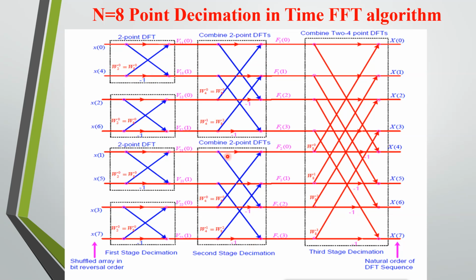In the second stage, the combination of these 2 you can draw as the 4-point DFT, and the combination of these 2 you can draw as the 8-point DFT. Here, in the first stage every baseline has -1 added, and again in the second stage the base of the last 2 lines should be represented by -1.